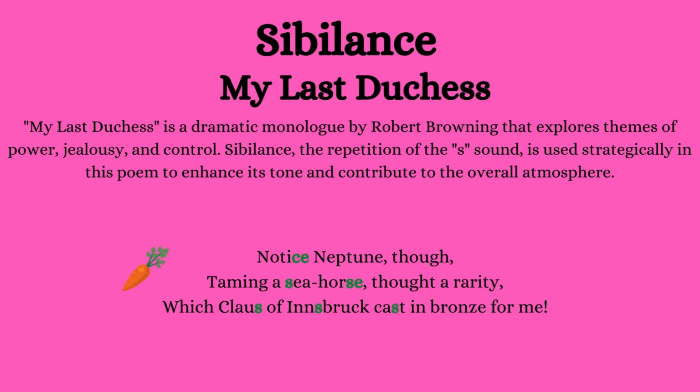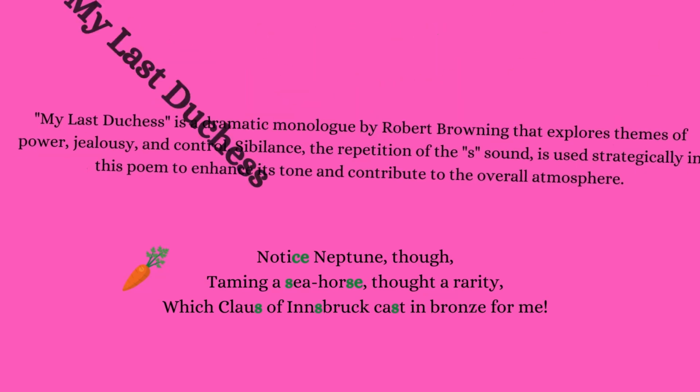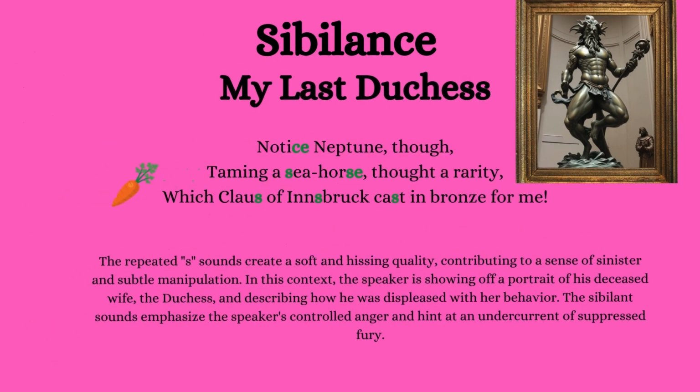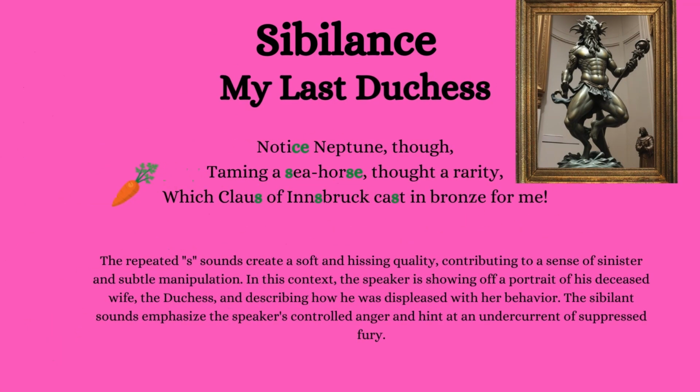Notice: Neptune, though, taming a seahorse, though a rarity, which Claus of Innsbruck cast in bronze for me. The S phoneme creates a soft hissing quality, contributing to a sense of sinister and subtle manipulation.